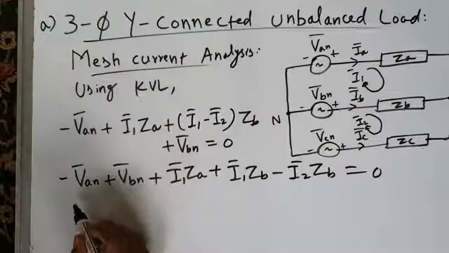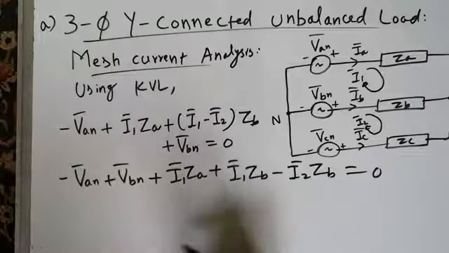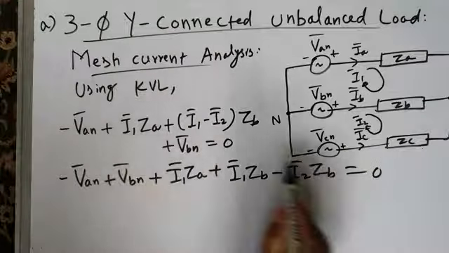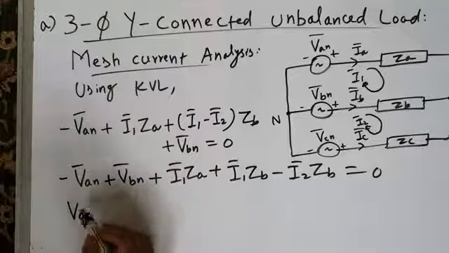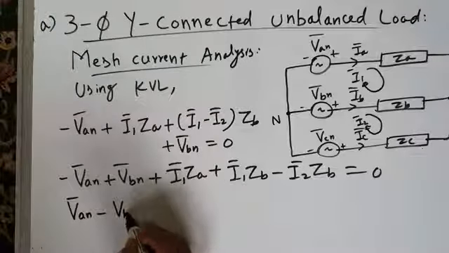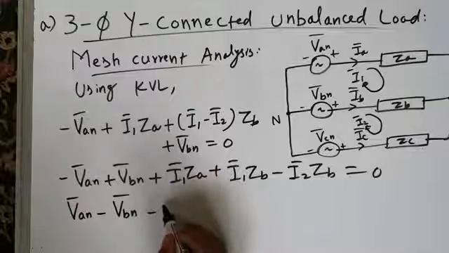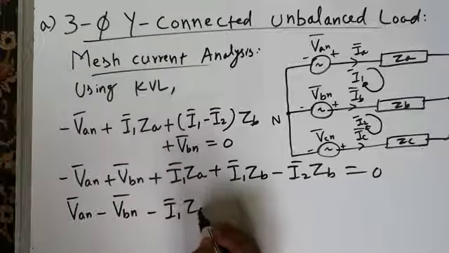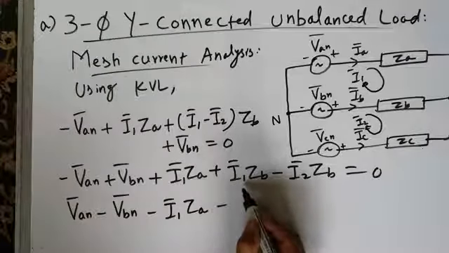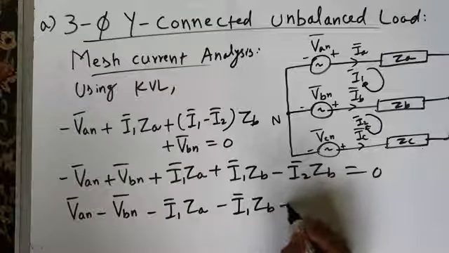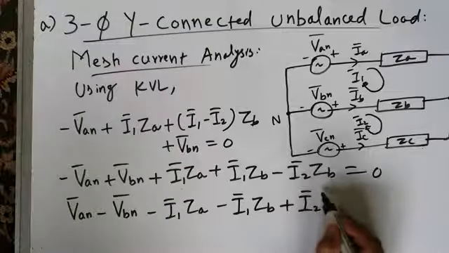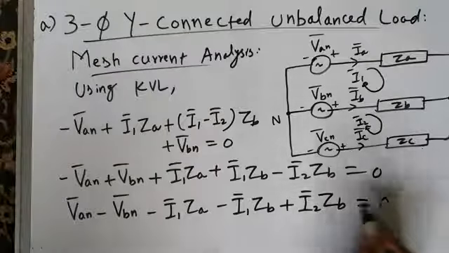Now let me change the sign. Let me multiply the whole equation by minus sign. So this will become plus VAN, this will become minus VBN, this will become minus I1 ZA, this will also become minus I1 ZB, and this will become plus I2 ZB equal to 0.